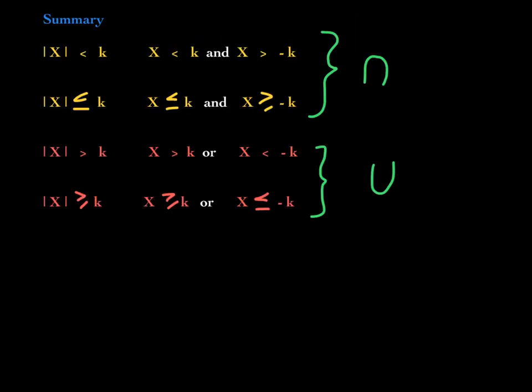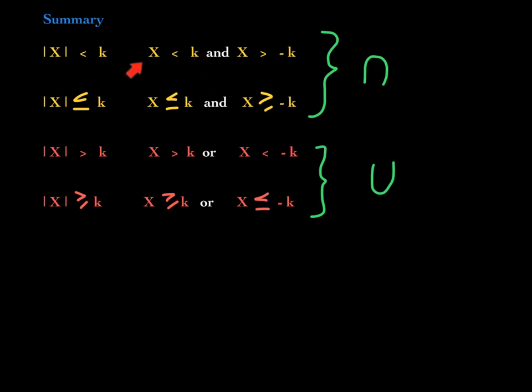All right, guys, let's walk through this little summary together. These are, in yellow, absolute value inequalities with less than or equal to. They're both intersection kind of problems. That's the symbol for intersection. You're going to turn it into a compound inequality with the word and in the middle.